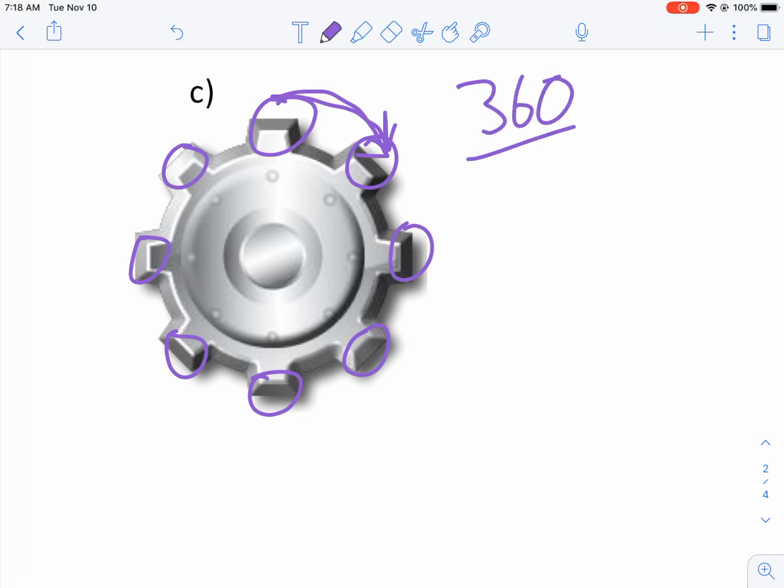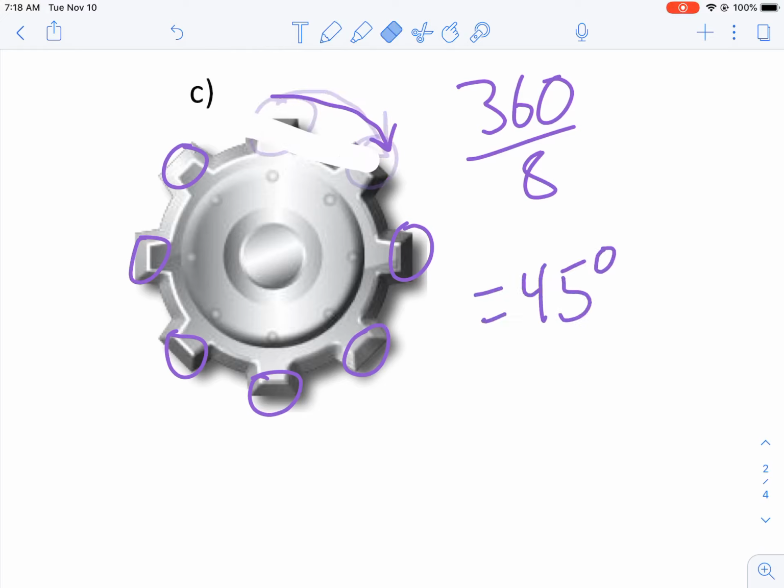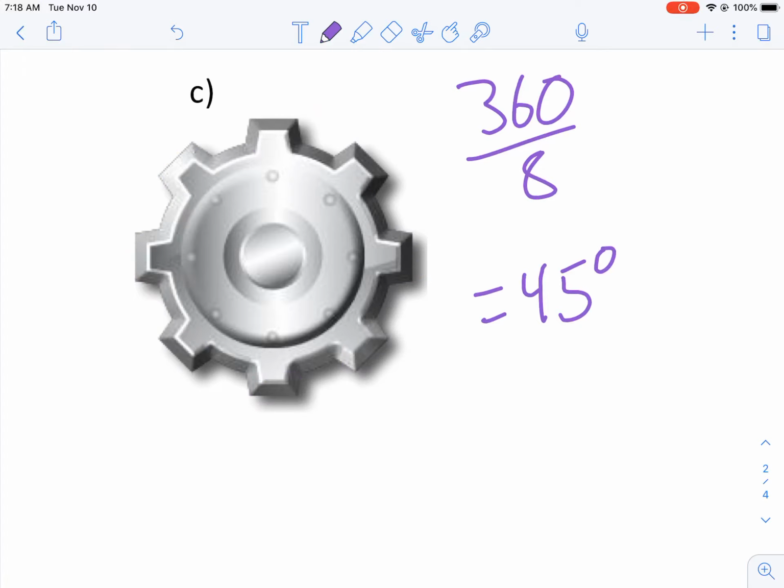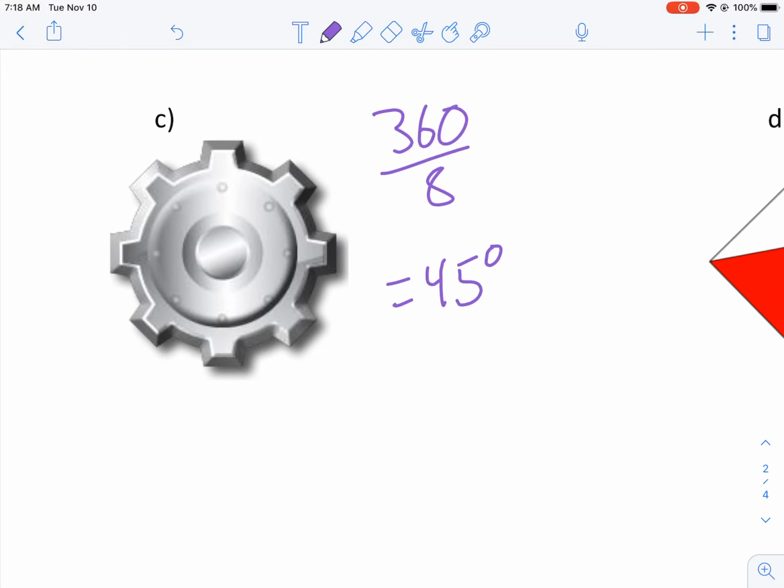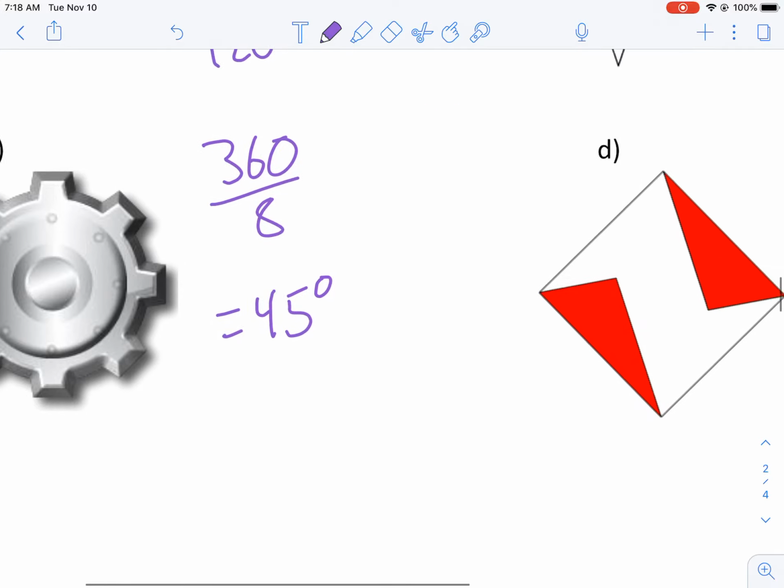So that's 360 divided by 8, which is 45 degrees. So this is 45-degree rotational symmetry. Every time it rotates 45 degrees, it looks the exact same.